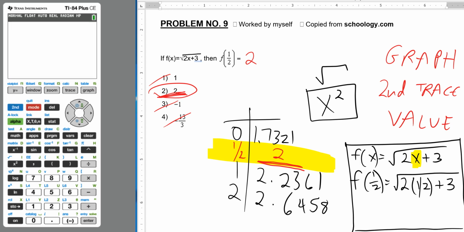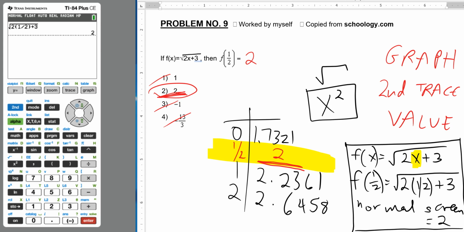If you're doing it this way, then you're doing it on a normal screen. And you're typing it in. Square root 2, instead of x, you're putting in 1 divided by 2, 1/2, plus 3, end it, enter, and you get the same answer either way.